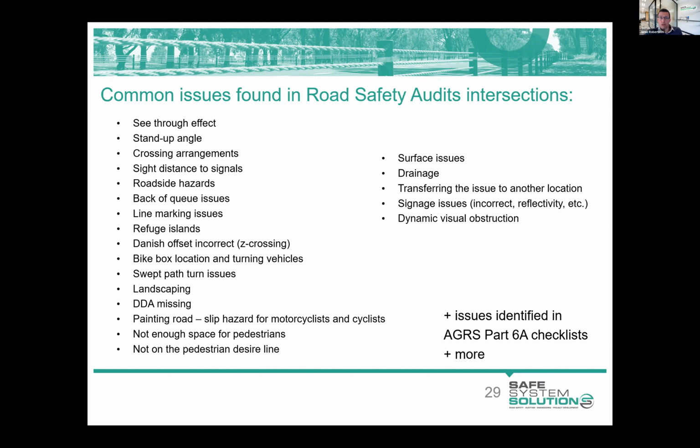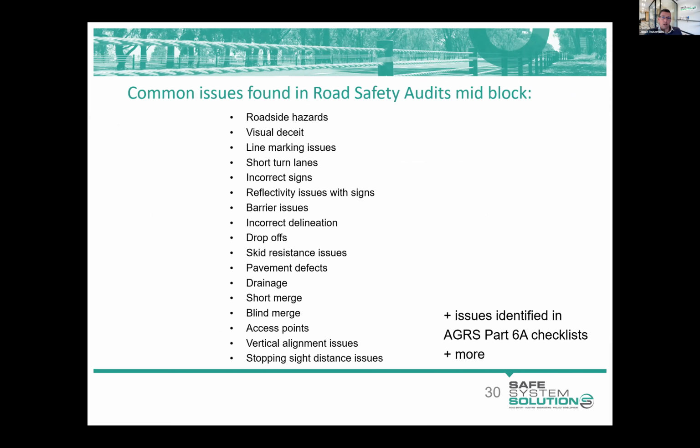At mid-block locations, the focus is a little different. We're more concerned with the roadside environment, with the road cross-section, ensuring that there's appropriate space and separation for vulnerable road users, these type of things. So on the next slide, we list a number of issues that particularly apply to mid-block locations.